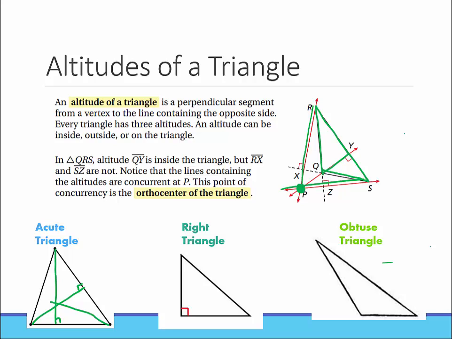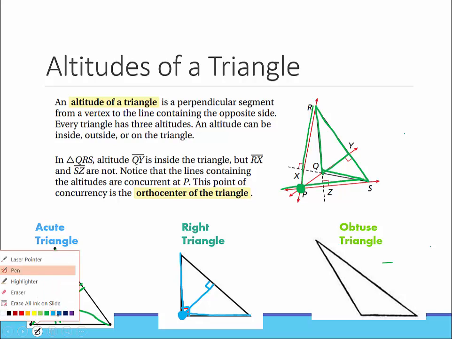And your orthocenter will also be inside. A right triangle is a little weird because this is one of your altitudes. It's the right angle. And then this one is also another one. And then this is your last one. So the point of concurrency is down here.